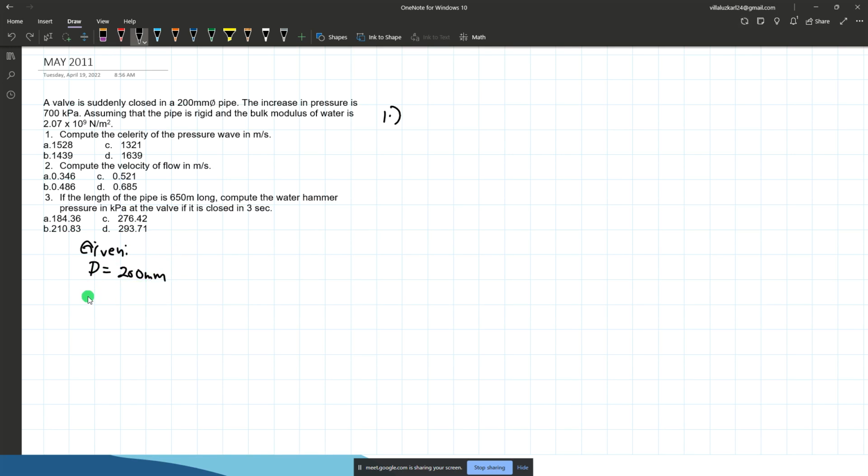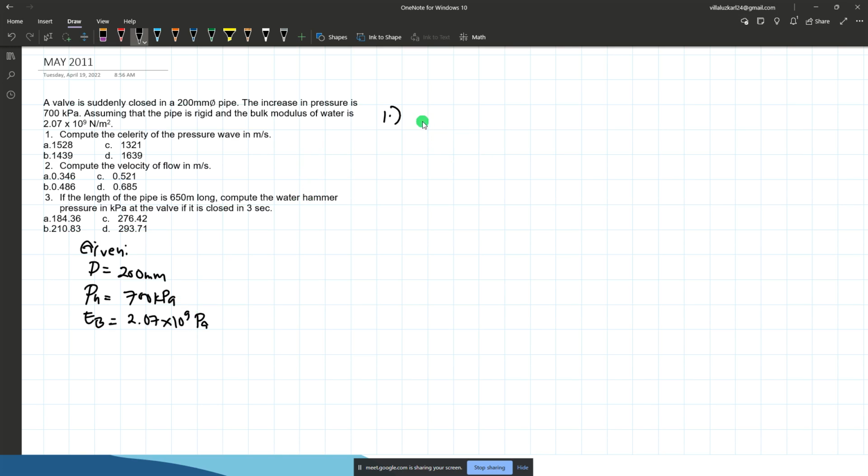So the increase in pressure, which is our water hammer pressure, is 700 kilopascal. And we have the bulk modulus of water, 2.07 times 10 raised to 9 Newton per square meter, or Pascal. This is also Pascal. Number one, compute the celerity of the pressure pipe in meter per second.